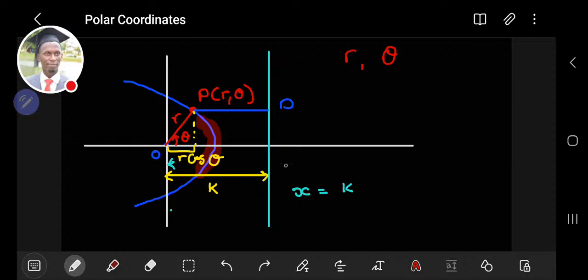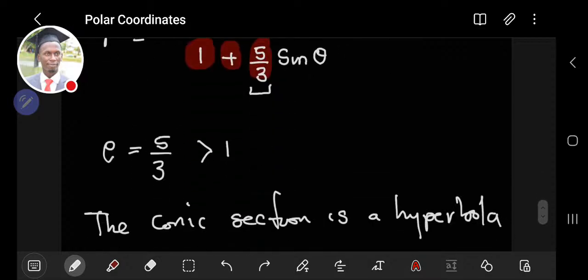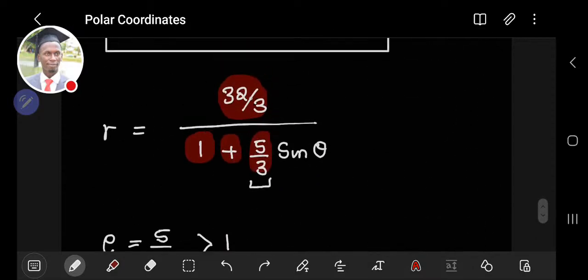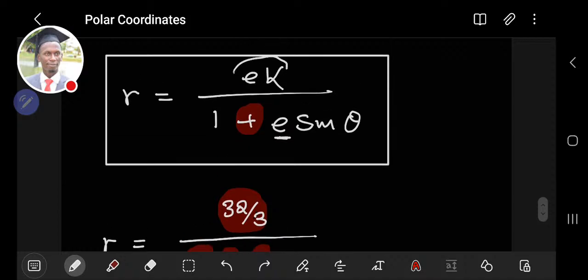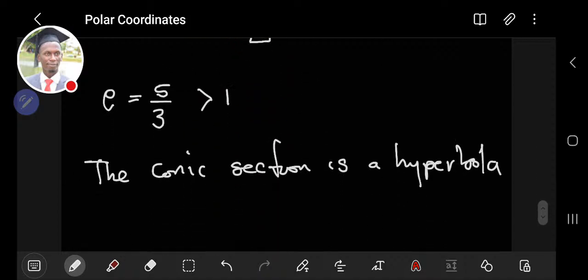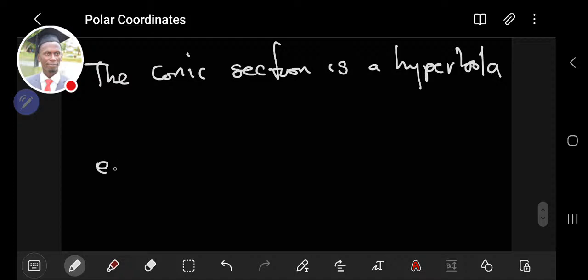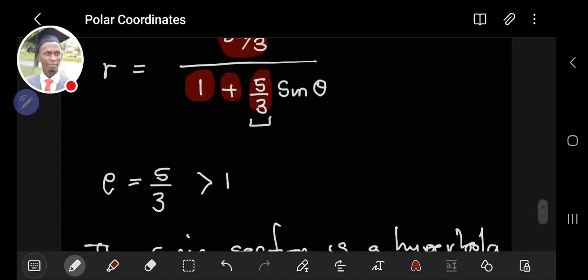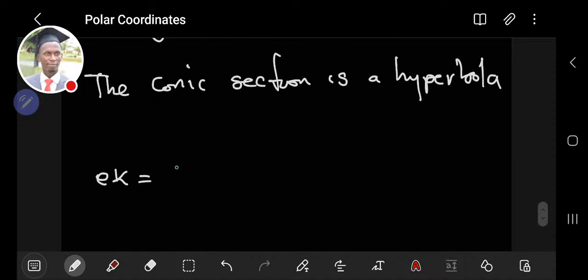So you can easily find what K is. If we come back to our question, the top part is EK, since that's what is here. So in this case, our EK is equal to 32 over 3.